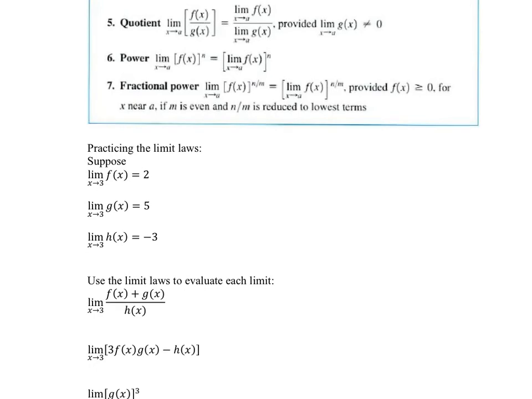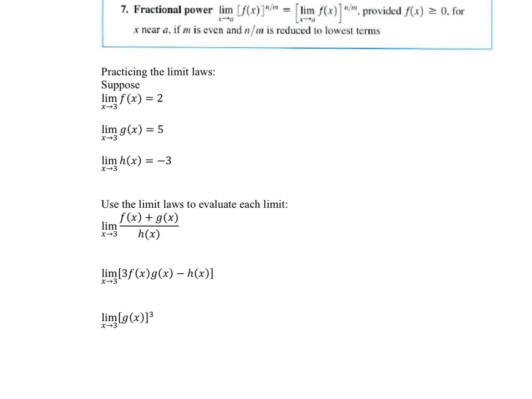Let's suppose the limit as x approaches 3 of f of x equals 2, the limit as x approaches 3 of g of x equals 5, and the limit as x approaches 3 of h of x is negative 3.